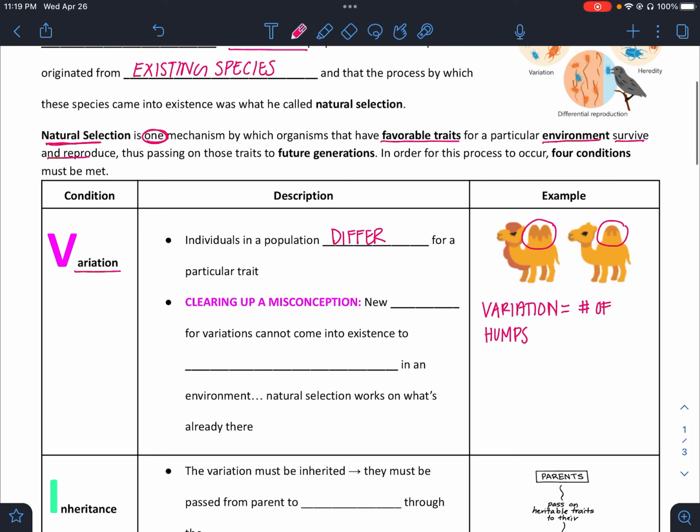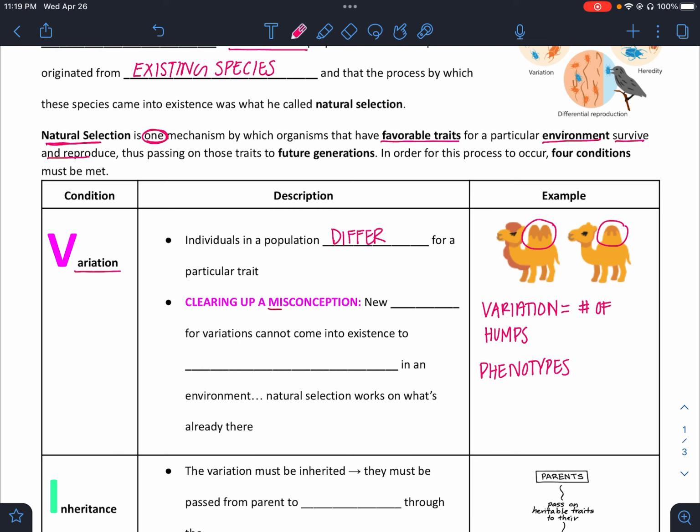A lot of people think these humps store water. They actually store food. Just something to keep in mind. These variations are also what we call phenotypes. So when we think about the traits that we are selecting for or against in natural selection, we're really looking at how the individual looks.